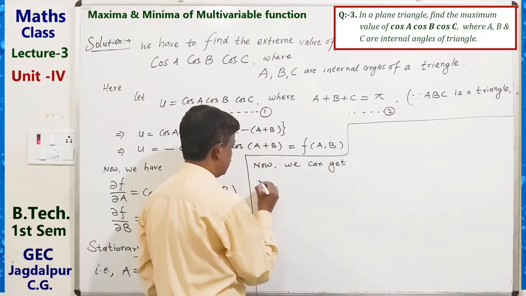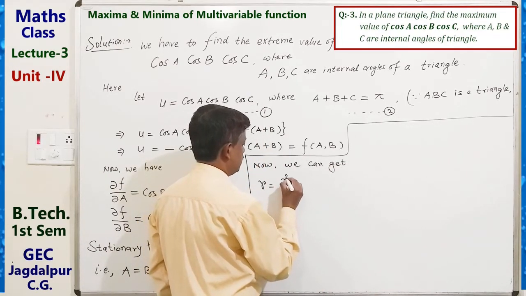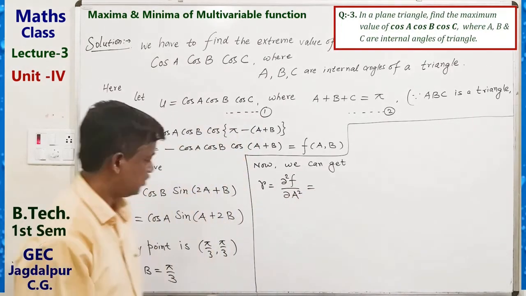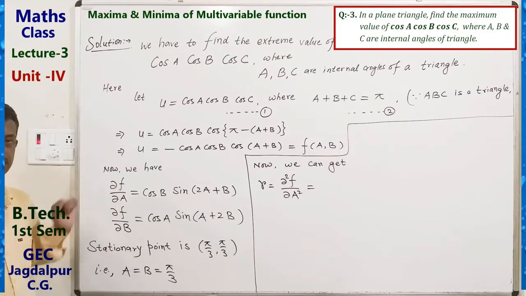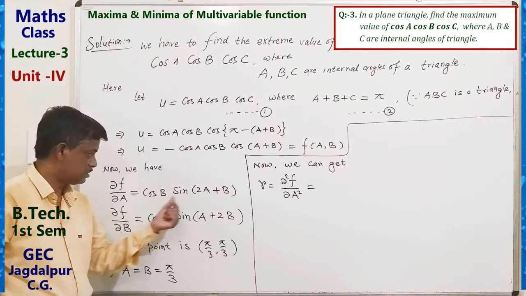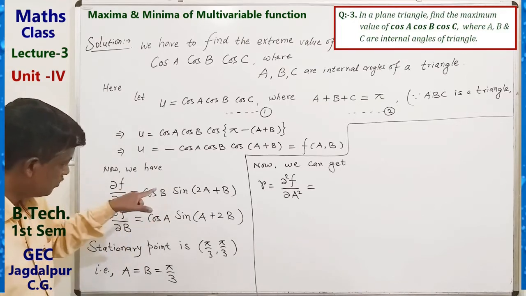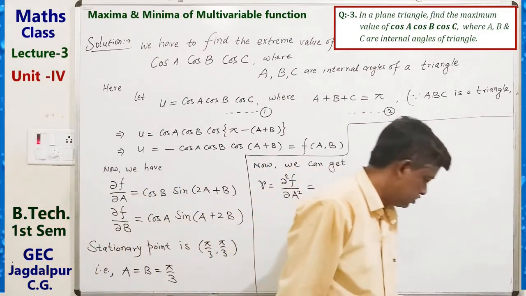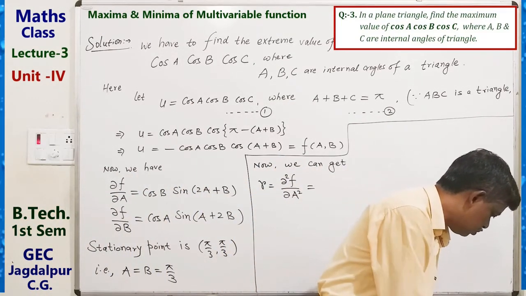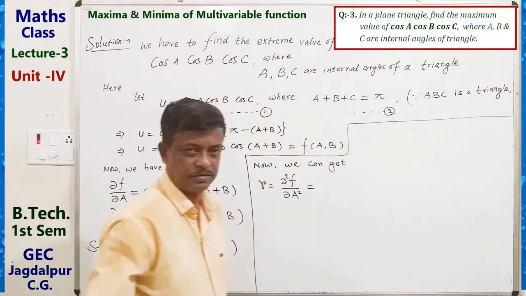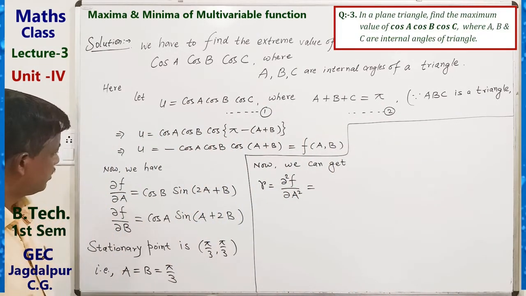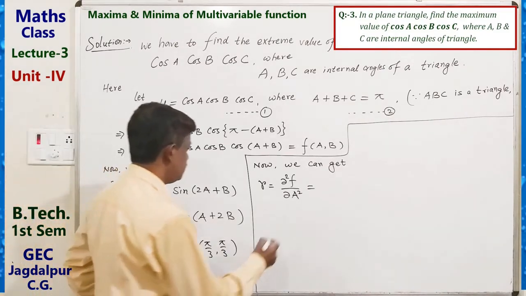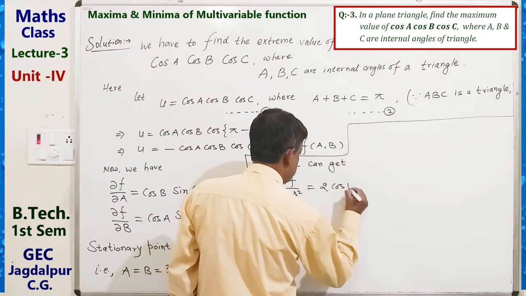Let's do it. r equals del 2 f upon del a square. Just differentiate it, first function, second function, differentiation with respect to a of this. So r equals 2 cos b cos(2a + b). Here cos b is constant, so 2 cos b cos(2a + b).